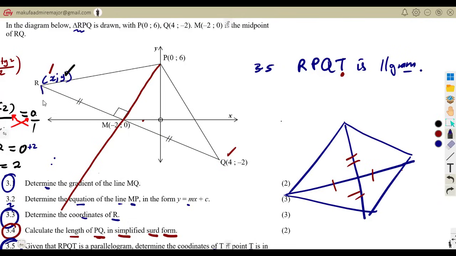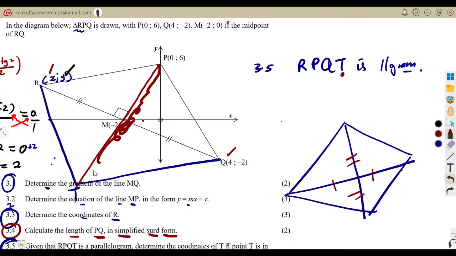The diagonal from P passing through M to T is divided into two equal parts, meaning M remains as the midpoint, the point M that we had before, -2, 0.